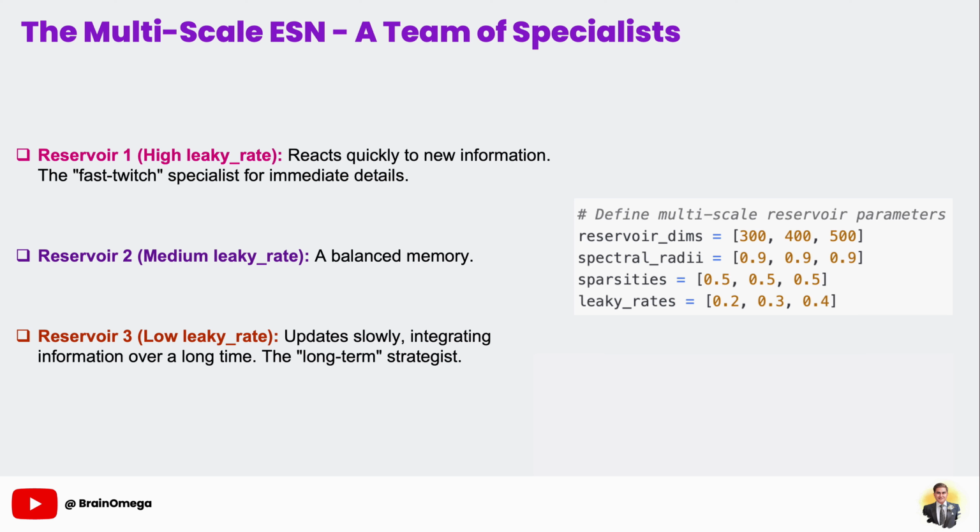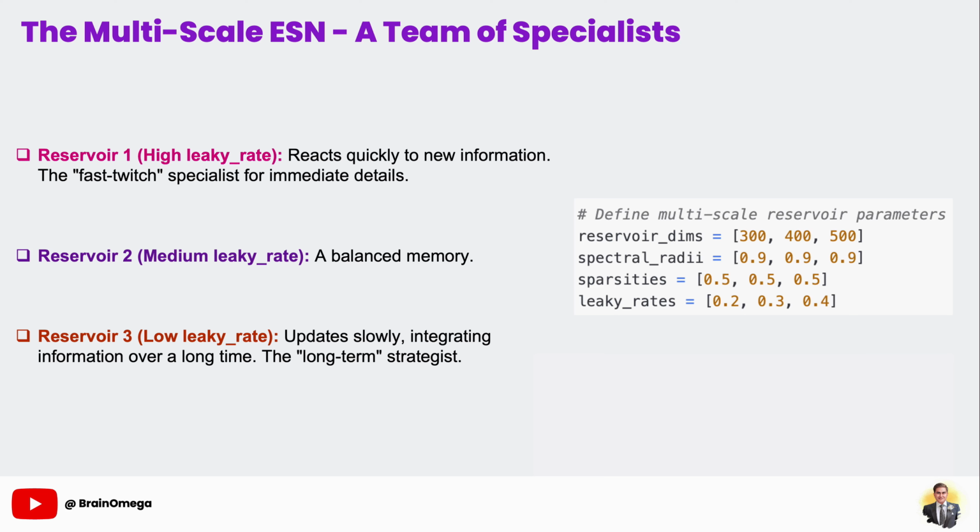Before we dive into the code for a single echo state network, let's first understand the powerful, high-level architecture we'll be using in this project, the multi-scale echo state network. So why would we need more than one reservoir? Think about how you perceive the world.